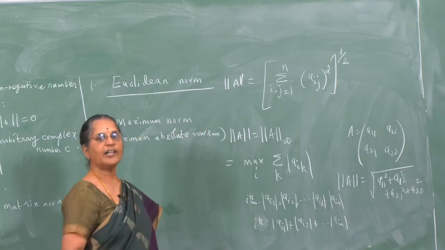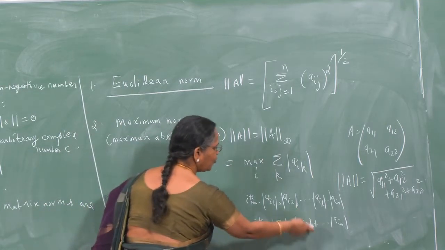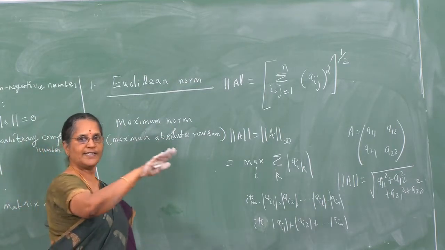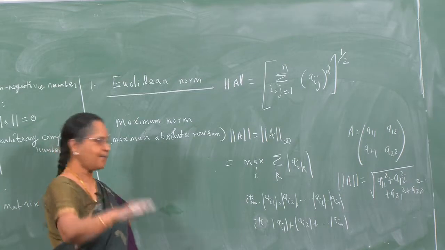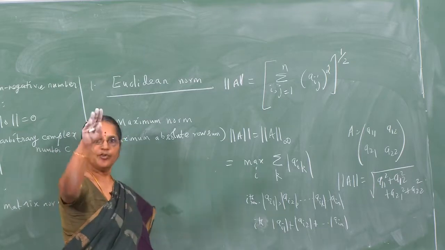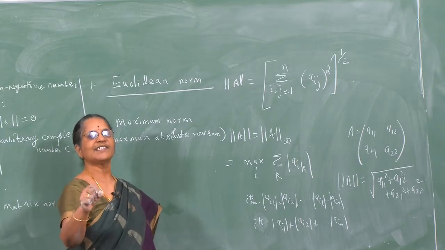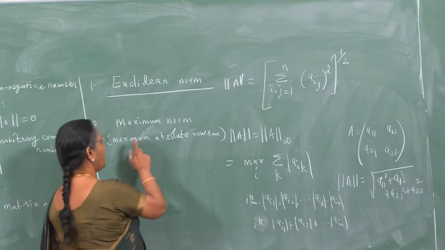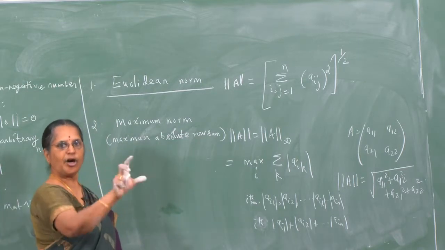Do that for all the rows, namely start with the first row, compute the absolute value of the entries in the first row, and then go to the second row, compute the absolute values of the entries in the second row, add them up, and do that for all the n rows. From among those n values that you have got, you pick that which is the maximum. Namely, you have picked that which is the maximum absolute row sum, and that is your norm A.